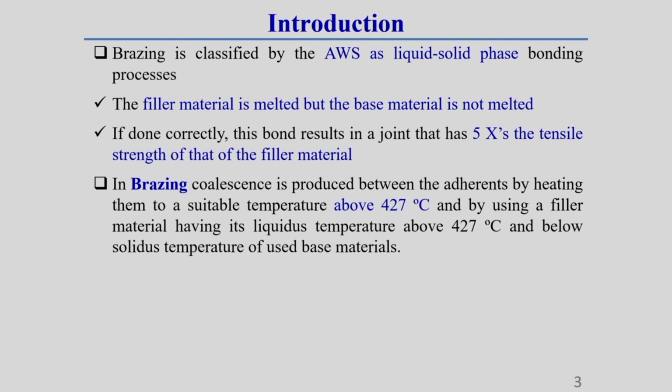You should keep these things in mind. The filler material we use should have this very important characteristic: its temperature should be above 427 degrees centigrade, but in soldering or brazing the base material should not melt. That is why the filler material temperature should be below the solidus temperature of the base material.